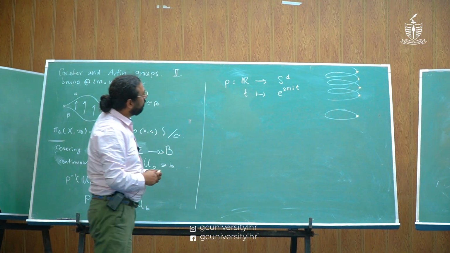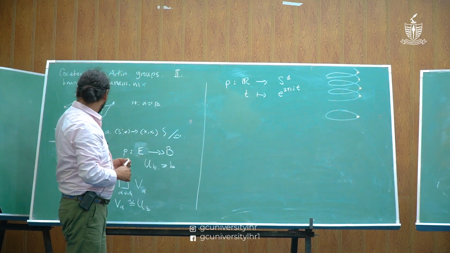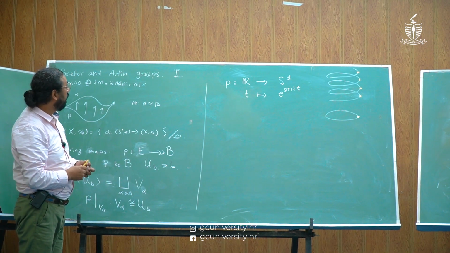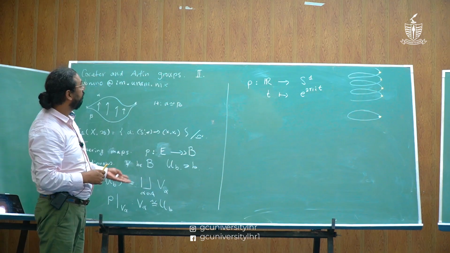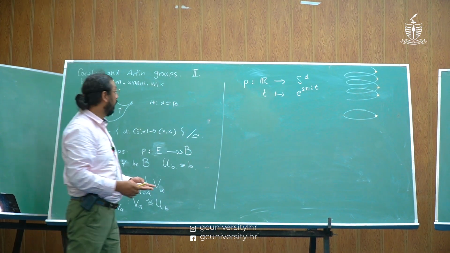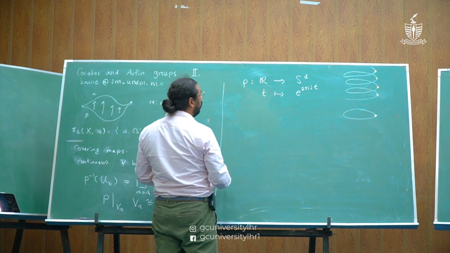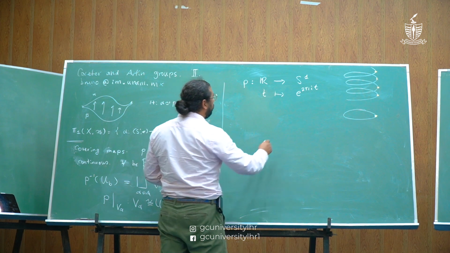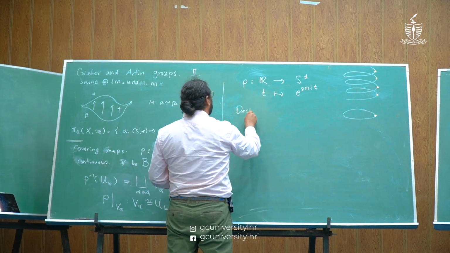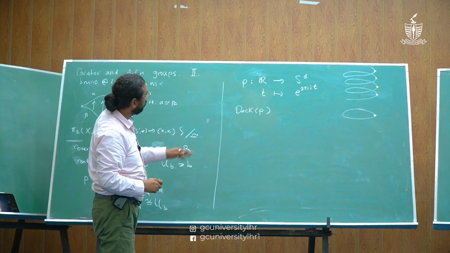But what is more important from this? Well, this is important, of course, no? But we can use this technique, in fact, to calculate the fundamental group. And this is why it is really important. So, what do we have? We will consider the deck transformation group.